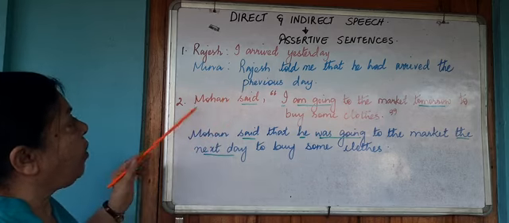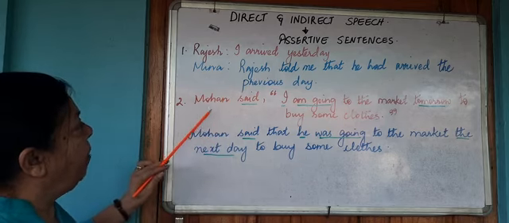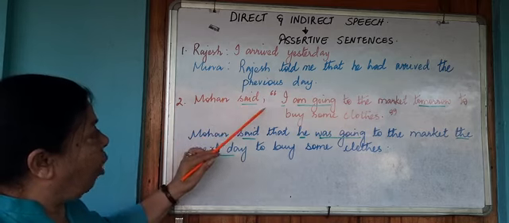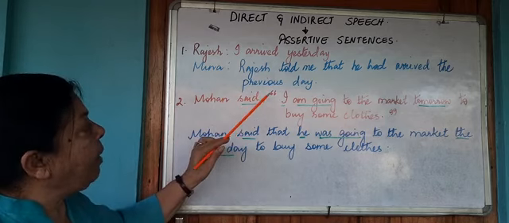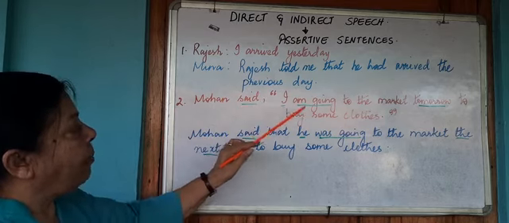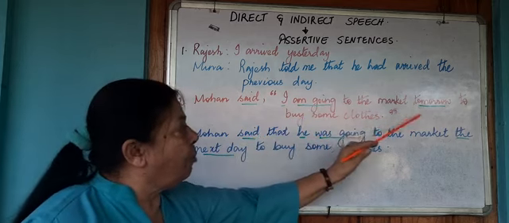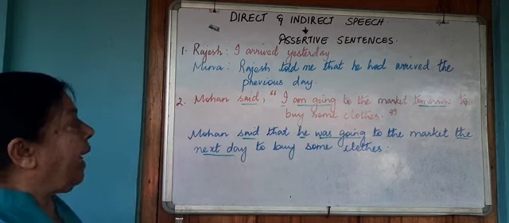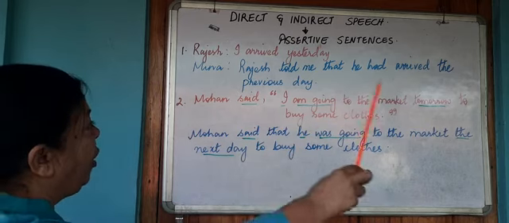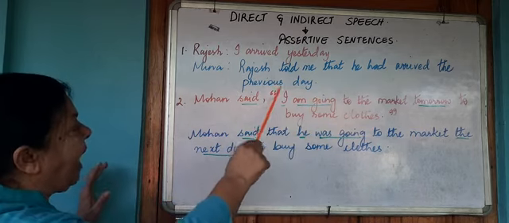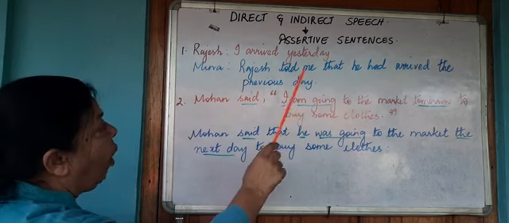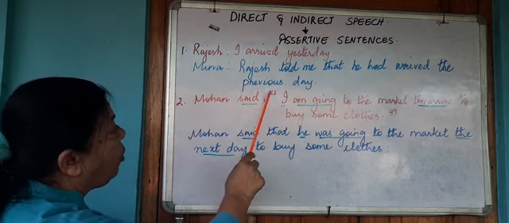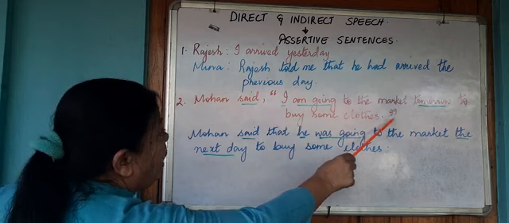Now, let's look at these sentences again. Mohan said, there's a comma. We are opening with a quotation: "I am going to the market tomorrow to buy some clothes." Now, in the direct speech, you will see that the exact words of the speaker are put within quotation marks.